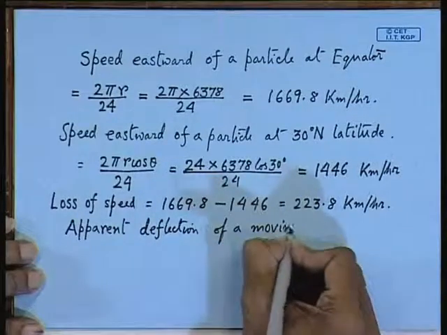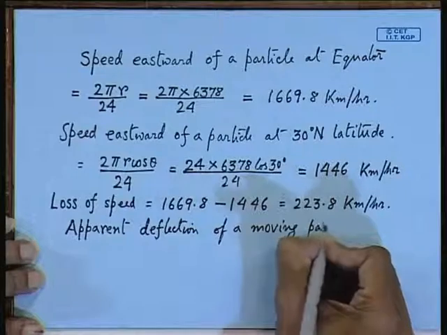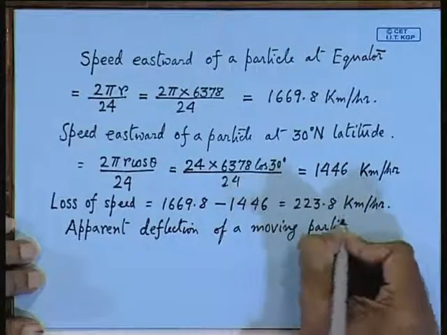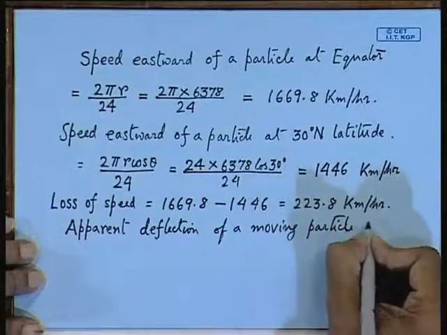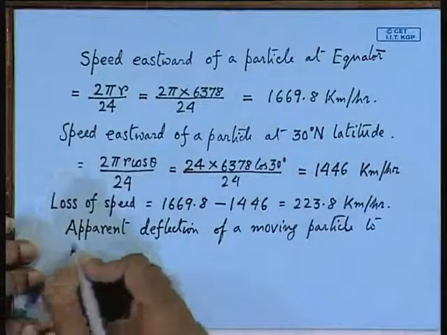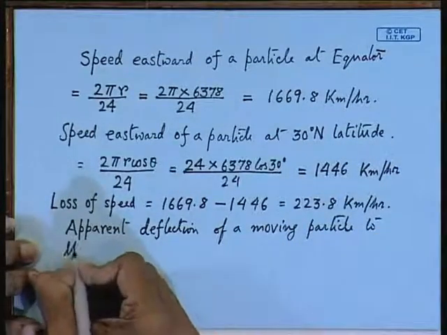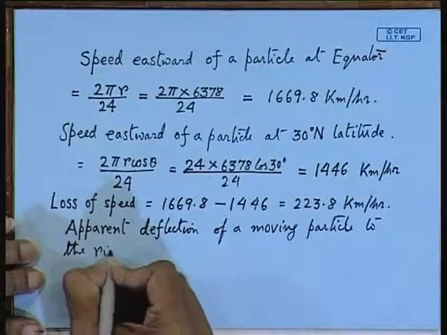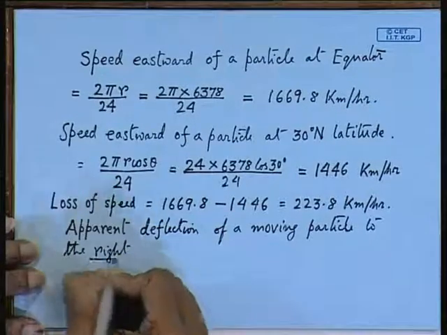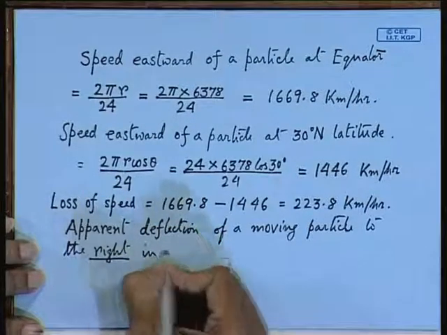So, this is called apparent deflection of a moving particle. To this, you should always remember, to the right, this occurs in the northern hemisphere.